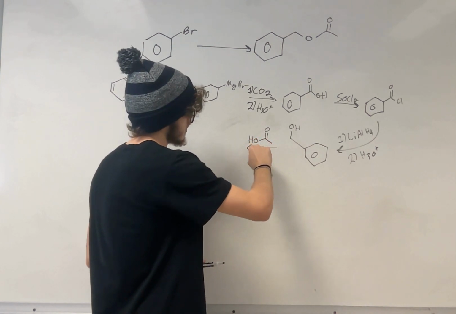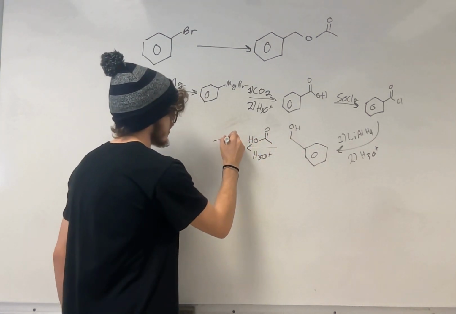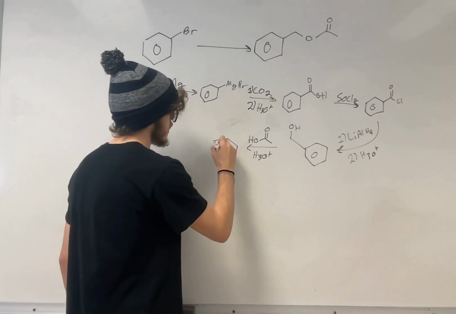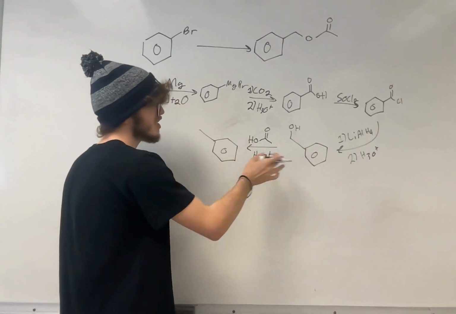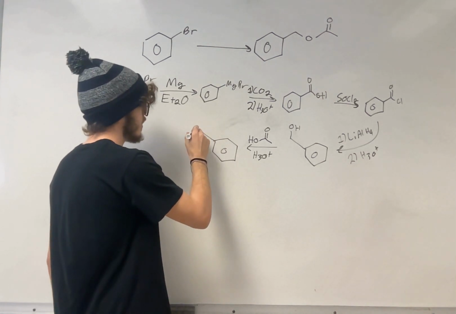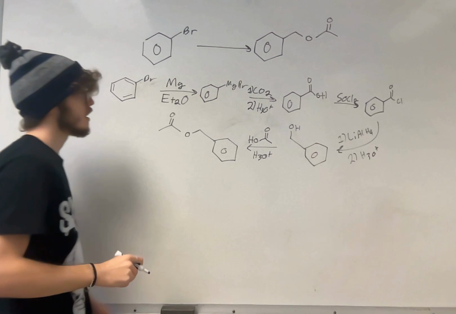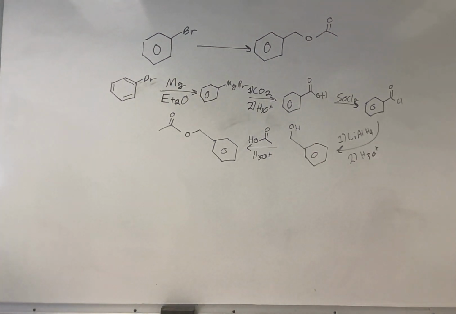Just by chance this thing attacks it, gets deprotonated, and then it's just connected on for life, and that would lead to our product. But this step specifically seems a little unlikely to me. I can't really tell you why, but it just doesn't feel right. And you would get your product, but that's only in theory.